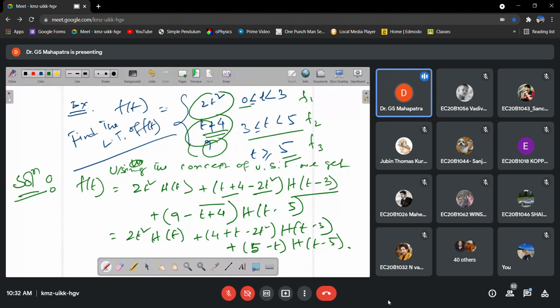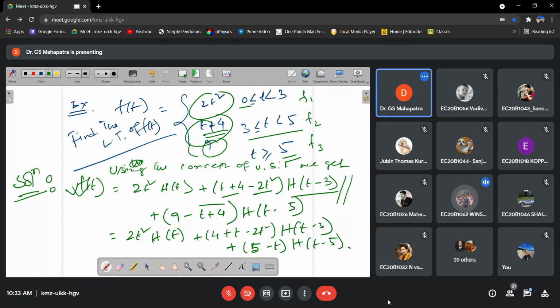Here no range is given, the function itself will give you the range. That means at a time you can consider the Laplace transform of this type of function. I will hold here and go to the formula for the Laplace transform of unit step function. So this is step 1 to find the Laplace transform.